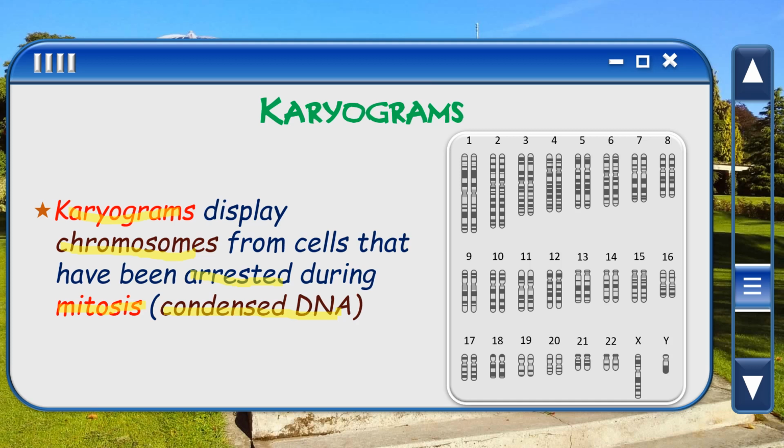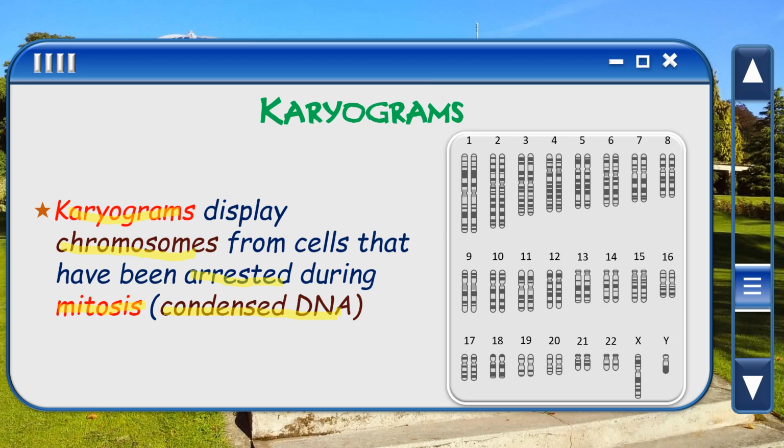That is the division of the cells, which results in the production of identical daughter cells. So that's where we get our karyogram from.